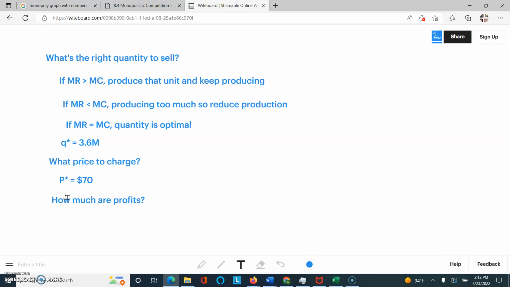Now that we learned two ways to calculate profit. The base way is to take total revenue and subtract off total cost. That's the core definition. Another way that I can do it, which is algebraically exactly the same, is to take the price I'm going to charge, and subtract off the average total cost at that price, that gives me essentially my per unit average profit you could think of, and I multiply that by the optimal quantity.